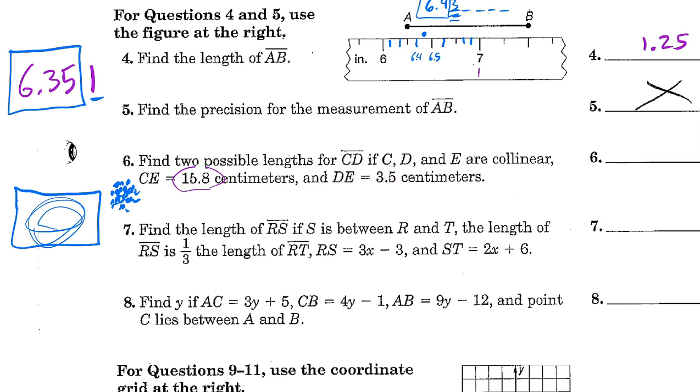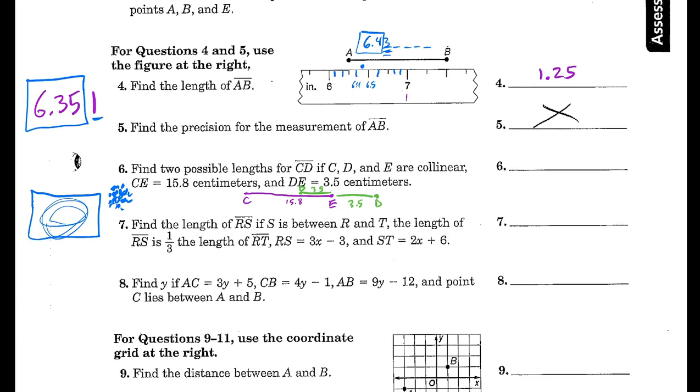Okay, so what we do know, starting from what we know, is here's C, and we go to E is 15.8. All right, and now DE is 3.5. So given that, the only possibility, if this is a true length, is either we have DE swinging to the left or swinging to the right. So we add on 3.5, or we subtract 3.5 to get to D. So we either go 15.8 minus 3.5, or we go 15.8 plus 3.5.